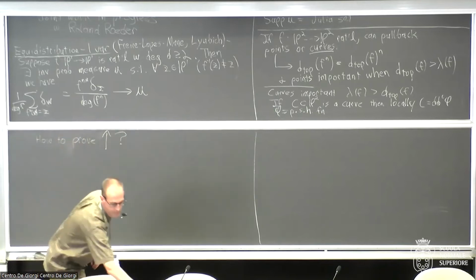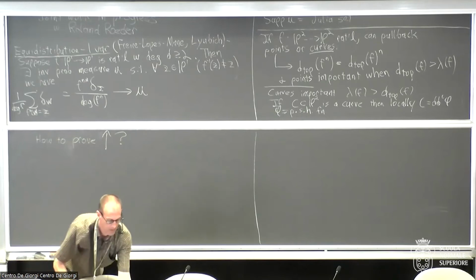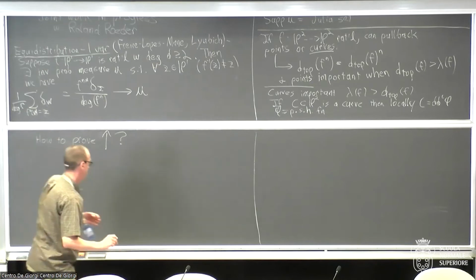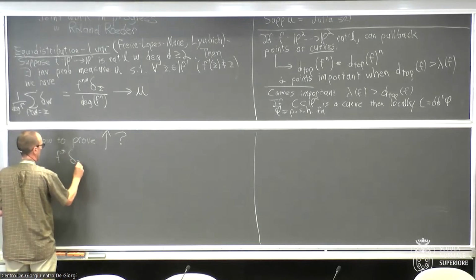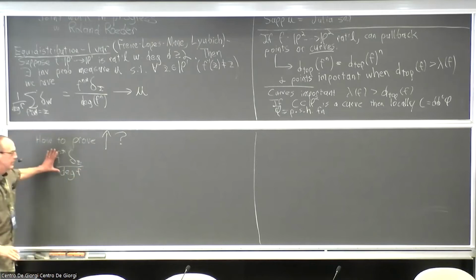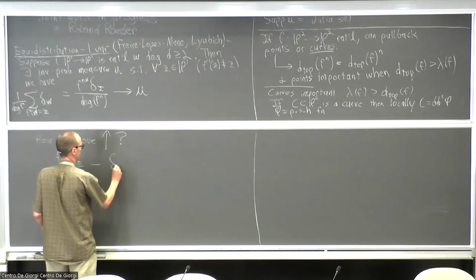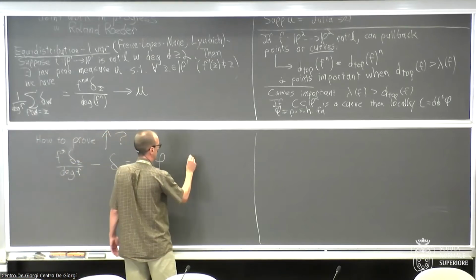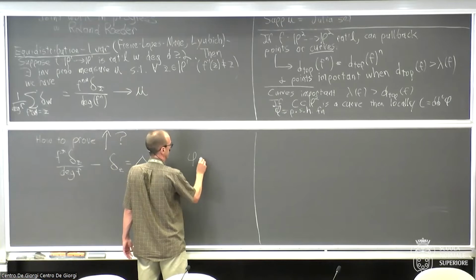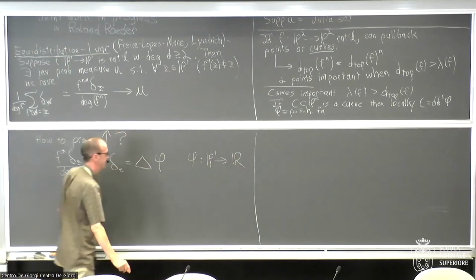Well, here is, come along. If you just pull back a point mass once by a one-dimensional rational map and you compare that with what you started with, this is always just the Laplacian of phi, where phi is not smooth, but it has very mild singularities.